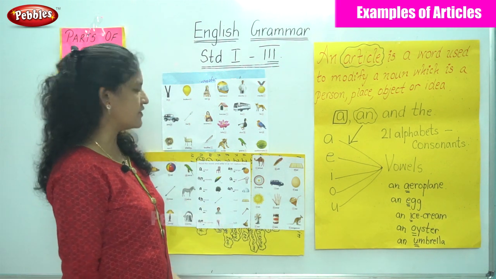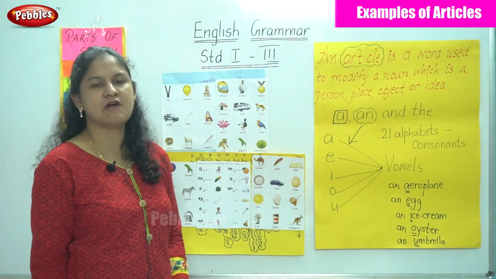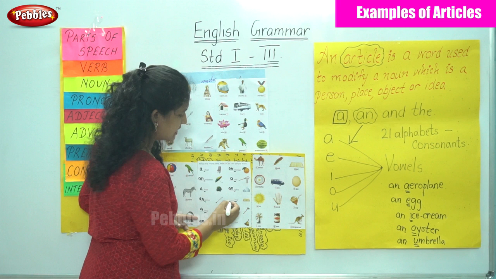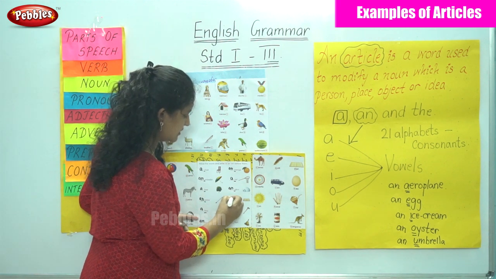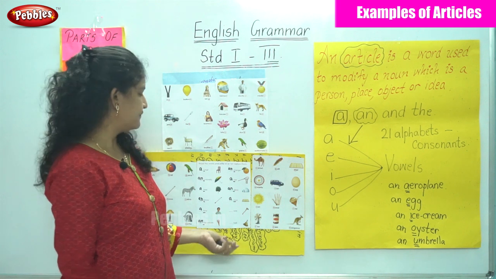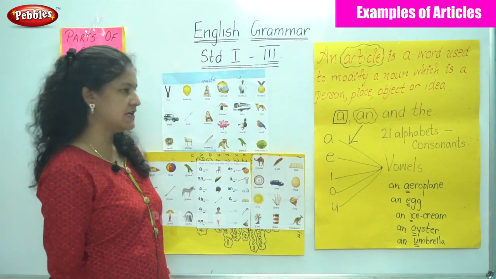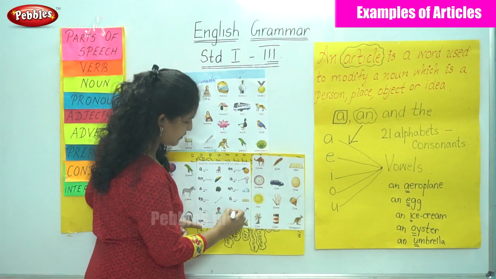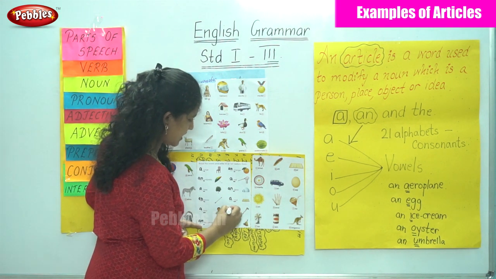The next I have mat, and the word mat begins with the alphabet M, which is a consonant, so I write the article a. He sleeps on a mat. The next word is axe, and the word axe begins with the alphabet A, which is a vowel, and I have the article an.